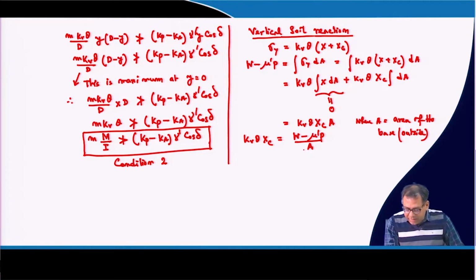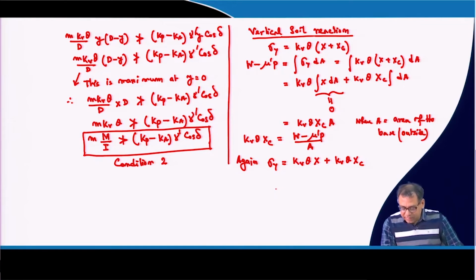Again, I can write sigma y is Kv theta x plus Kv theta xc, and that sigma y is the vertical stress at the base of the well.